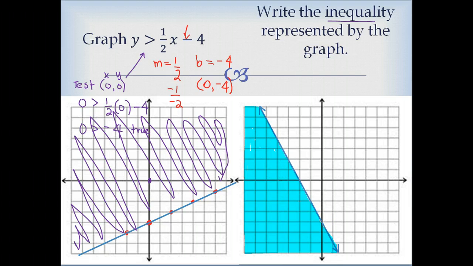So we can see right here, let me grab a different color. It's red. That's where our line crosses our y-axis. So we want to look at the y value there. The y value there is -1, -2, -3, -4. That is our b value.